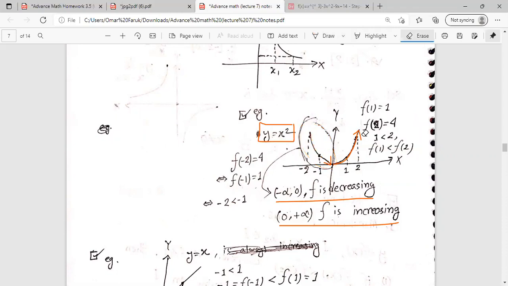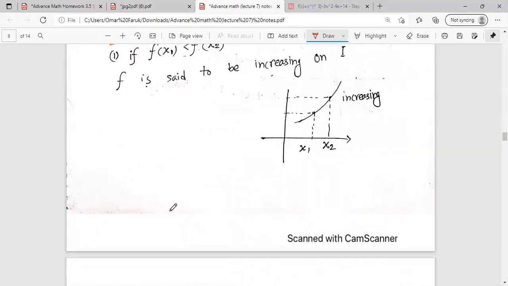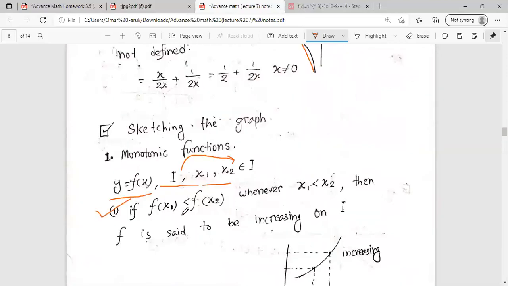And here we have y equal to x function. So between -1 and 1, -1 is less than 1, then f of -1 is also less than f of 1. That means the function is increasing. The first formula, okay? This is the first monotonic functions formula.